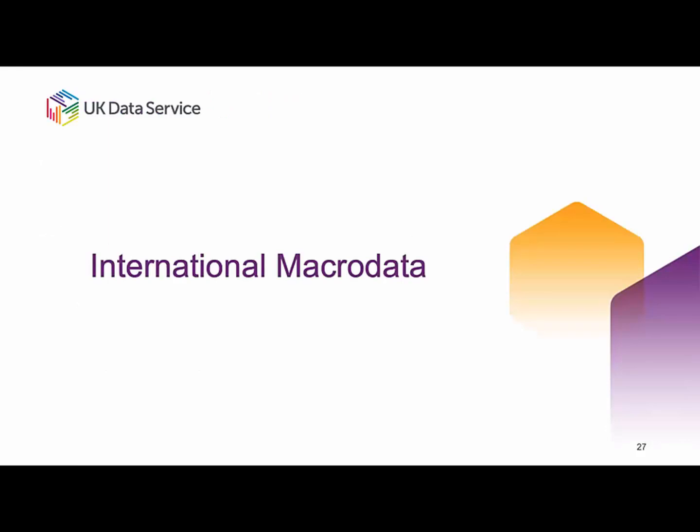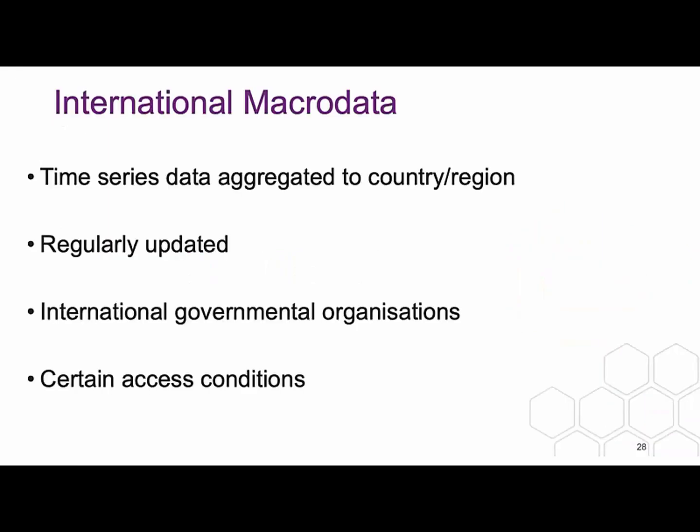And if we move on to international macro data, international macro data are data that has been aggregated to a country or regional level. So it is time series data, and depending on the database, it will be available annually, quarterly or monthly.